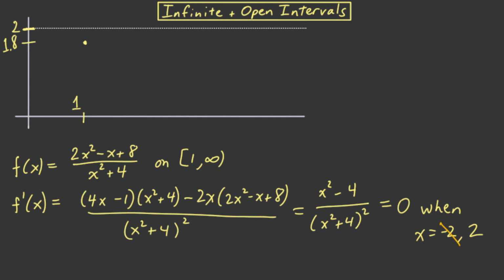And if we plug that in, we're going to get f of 2 equals 14 on top, and then it's over 8, and that's equal to 1.75. So up on the graph, we can put the point (2, 1.75). Okay, what does this tell us?